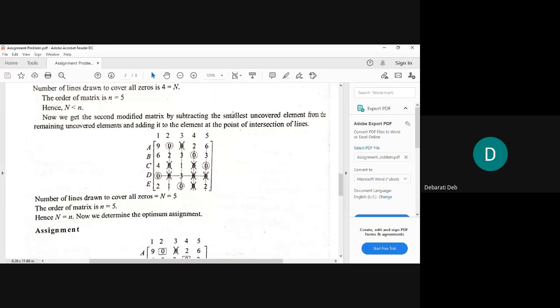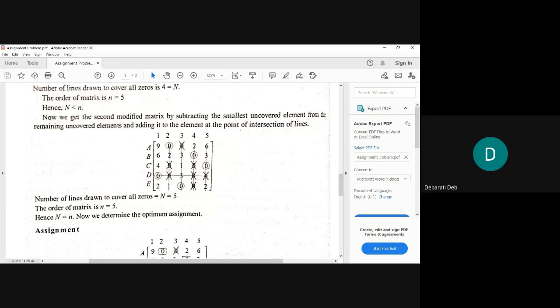So in today's step, the next step is to draw the lines again. What sort of lines? The lines should cover all the zeros. You draw the lines now with a pencil.